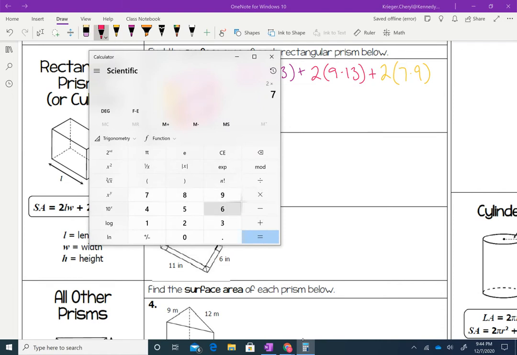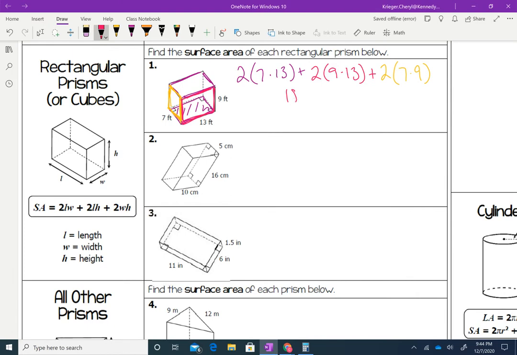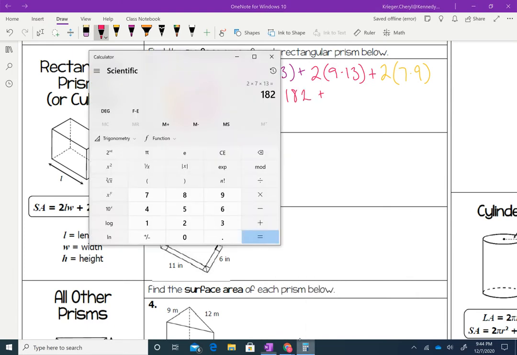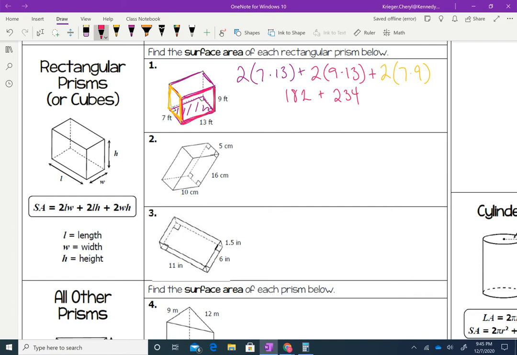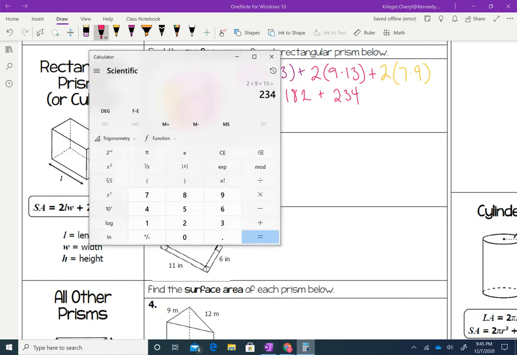2 times 7 times 13 is 182. 2 times 9 times 13, 234. And 2 times 7 times 9 is 126.